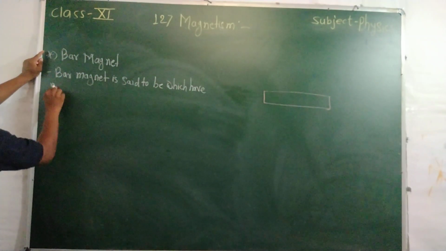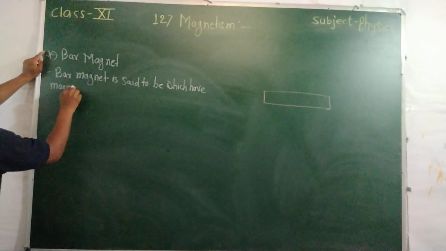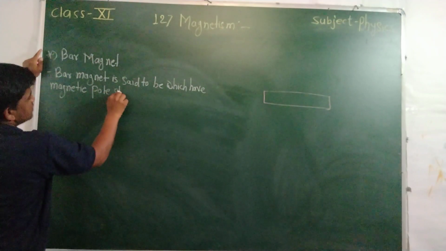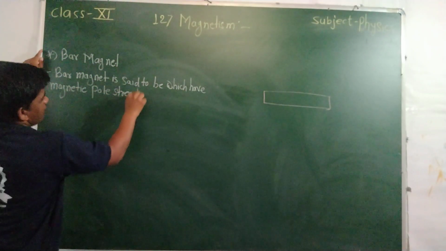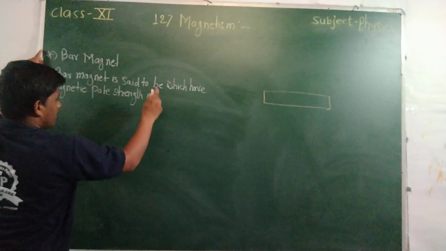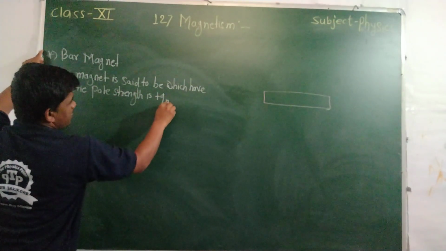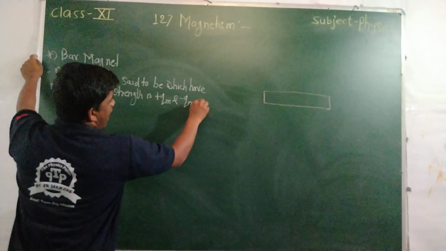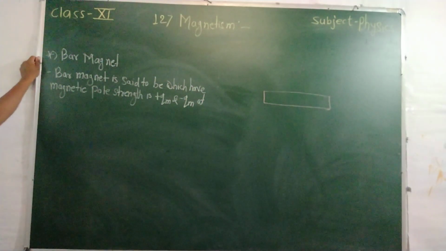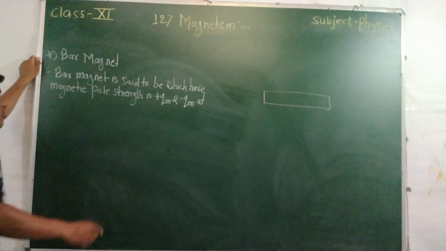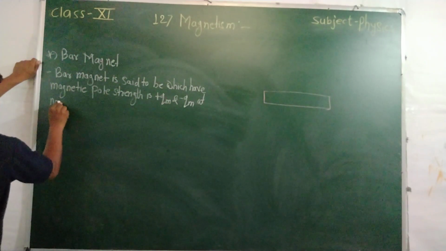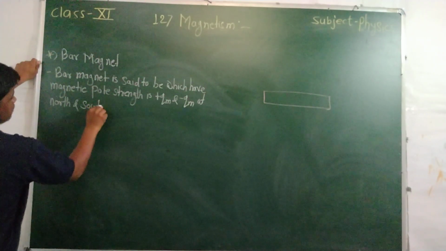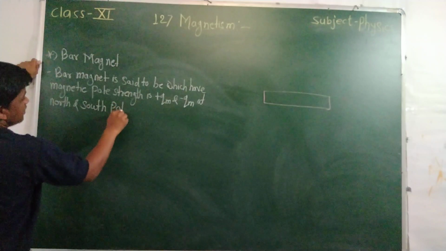The pole strength is plus qm and minus qm at the north and south poles respectively.